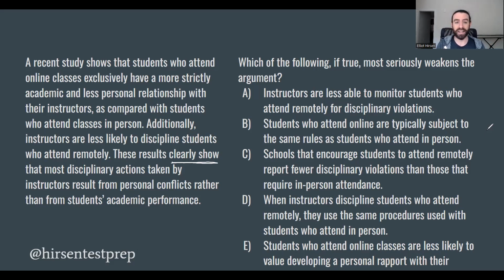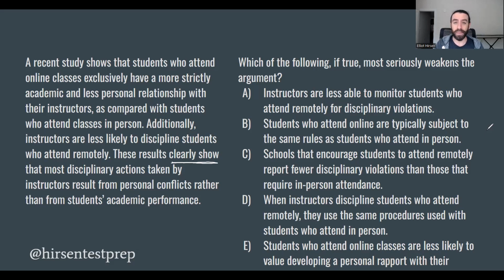And when we see that cause and effect, the other pattern that we're really likely to see is that a correct answer will present some more plausible alternative explanation, an alternative way of looking at this cause and effect. It's probably not the less personal relationship, but something else about attending classes online versus in person that causes fewer disciplinary actions to be taken.